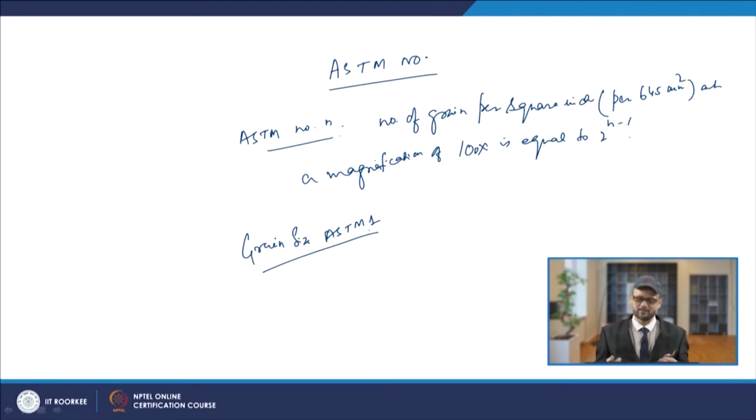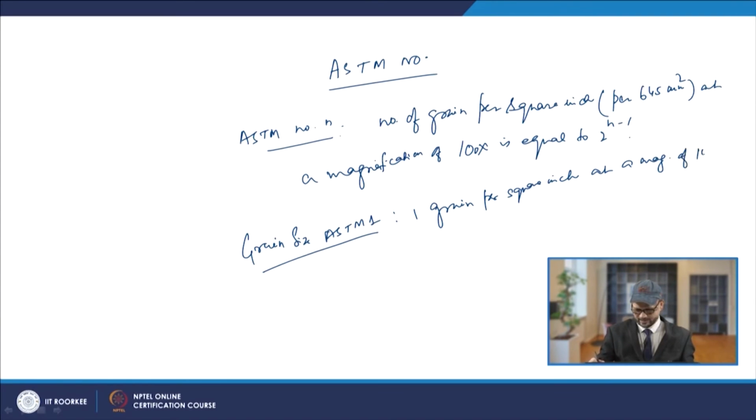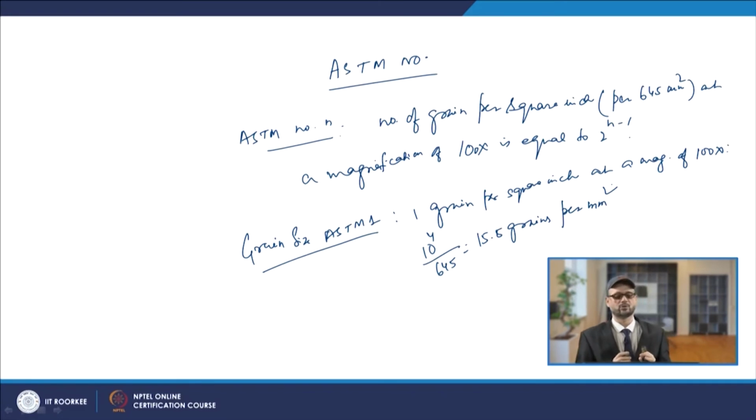So, it will be 1 grain per square inch at a magnification of 100x. So, you will have 100 into 100 in that area, divided by 645. So, you will have 15.5 grains per mm square, basically the size.